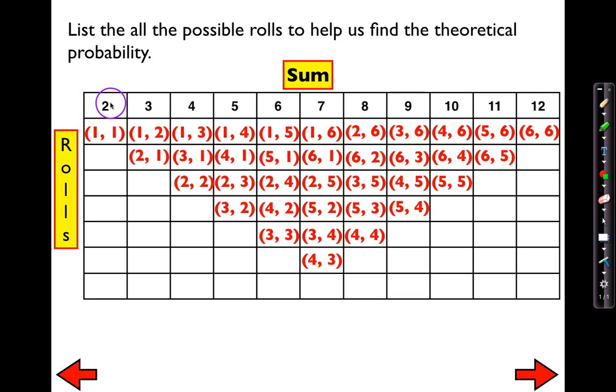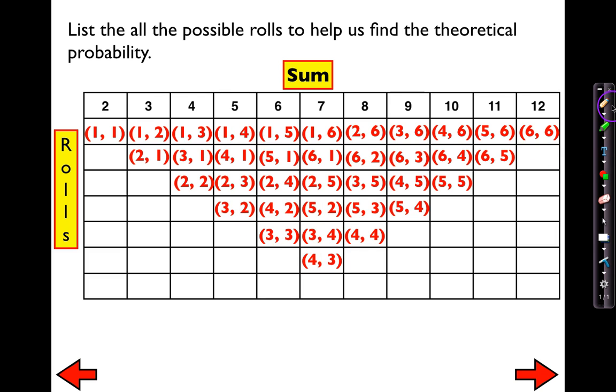It's as likely to roll a 2 as it is to roll a 12. It is as likely to roll a 3 as it is to roll an 11, because there are 2 out of 36 total outcomes.